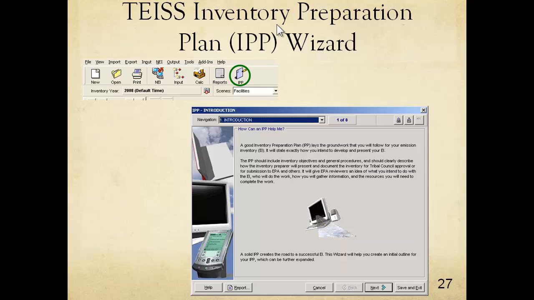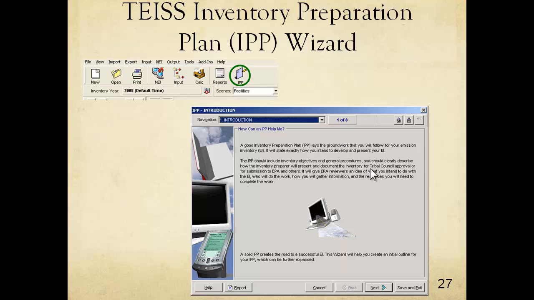The TEISS Inventory Preparation Plan Wizard is a wizard that walks you through something similar to TurboQAPP, for those of you who are familiar with it. It walks you through documenting your emissions inventory in the inventory preparation plan format. Unfortunately, this is not in the same format as a QAPP.